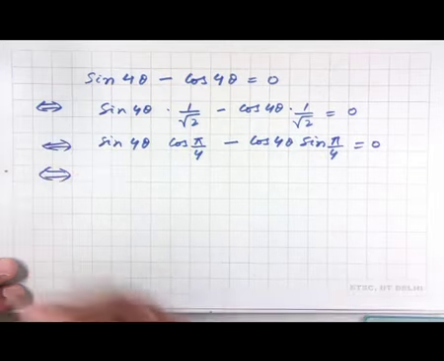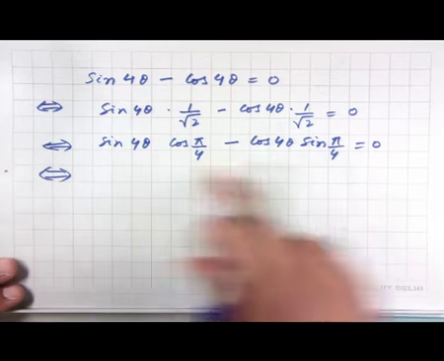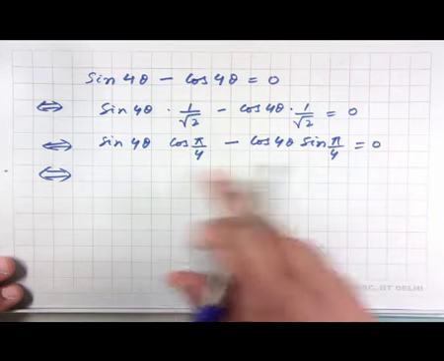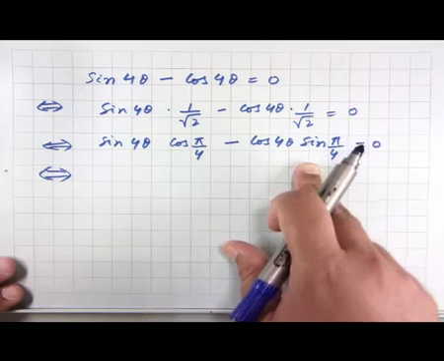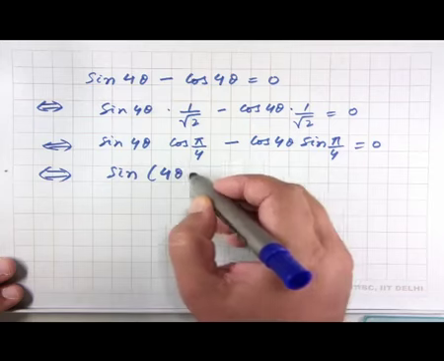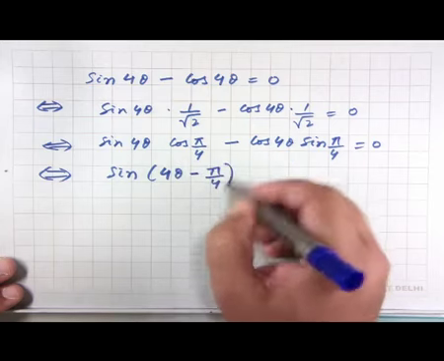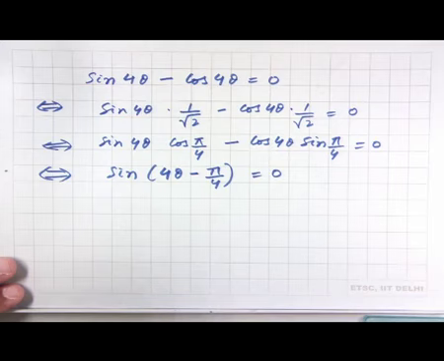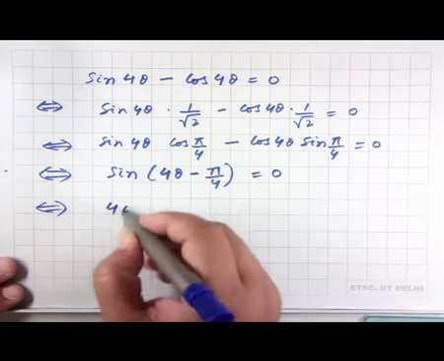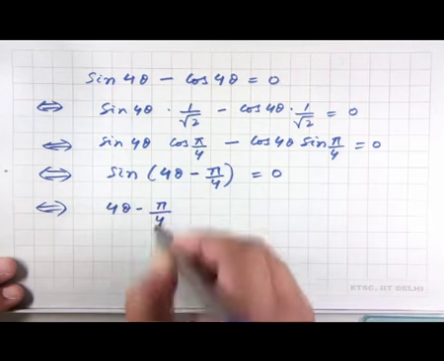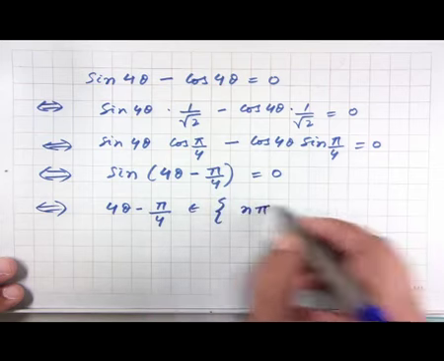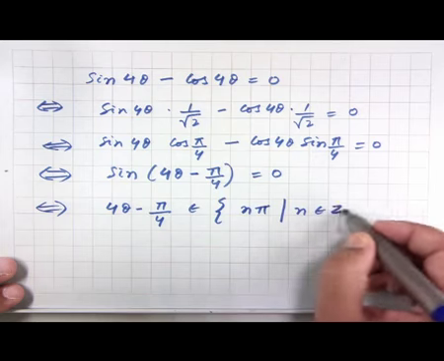Which further implies, and now the left hand side here is of the form sin A cos B minus cos A sin B, which is sin of A minus B. Therefore, this left hand side is equal to sin of (4 theta minus pi by 4) equals 0, which implies and is implied by the fact that 4 theta minus pi by 4 must belong to the set n pi for all integer n.